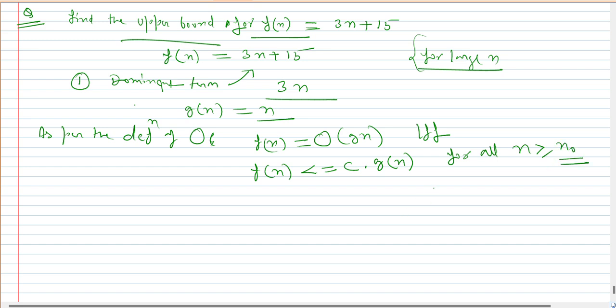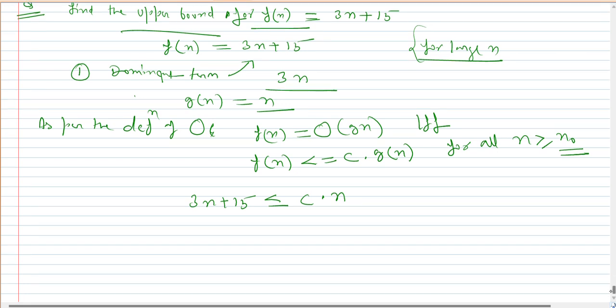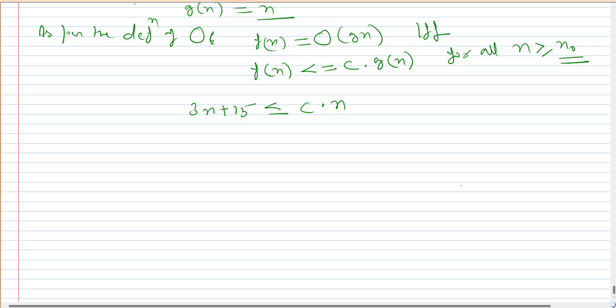So here we have to find the values of c and n. So our fn, 3n plus 15, will be less than or equal to c dot n. So from this equation we have to find the value of c and n naught for which this inequality holds.